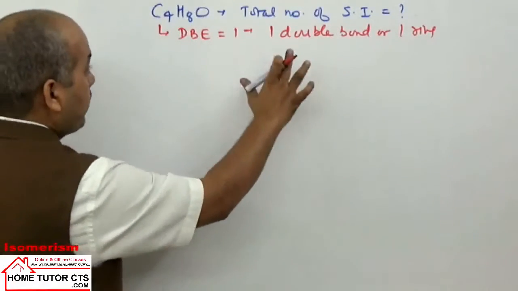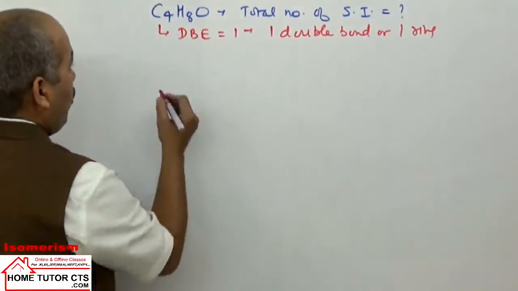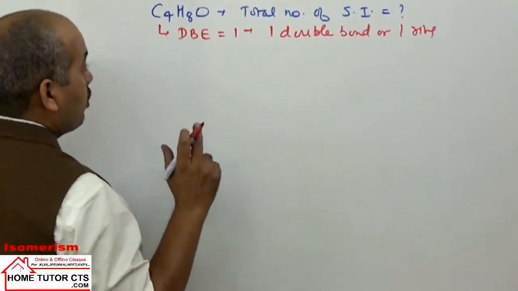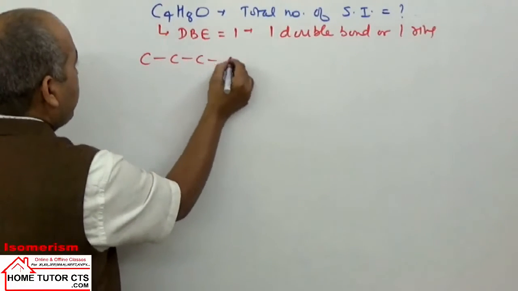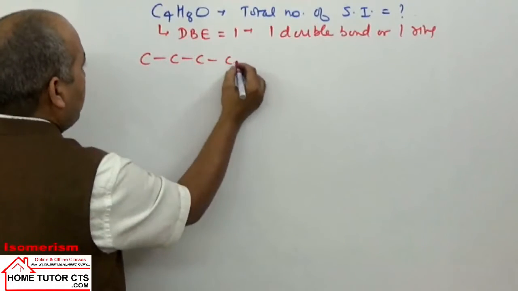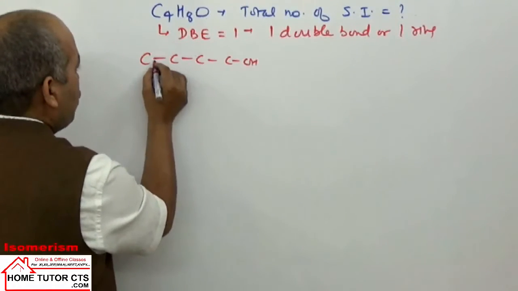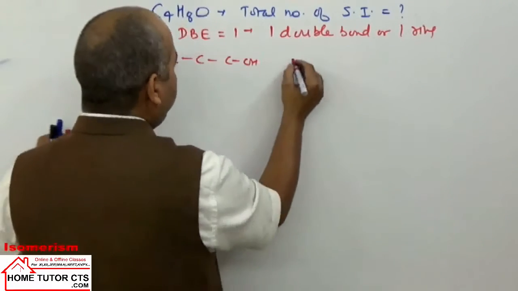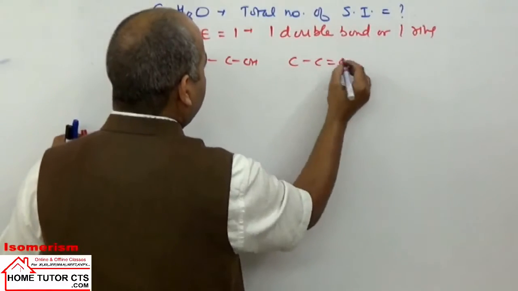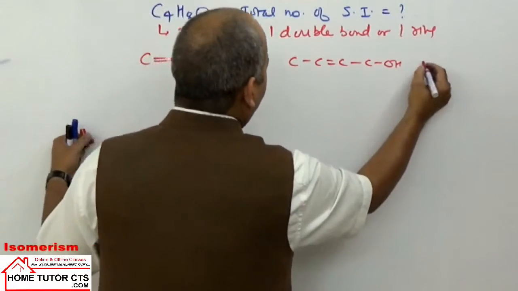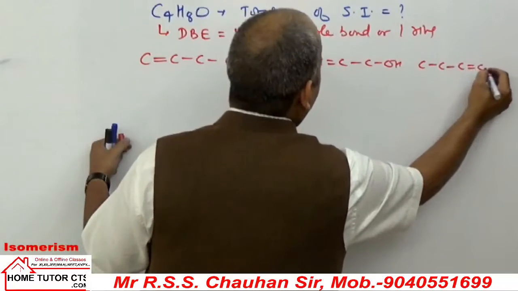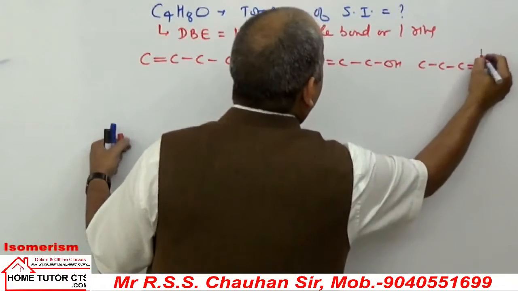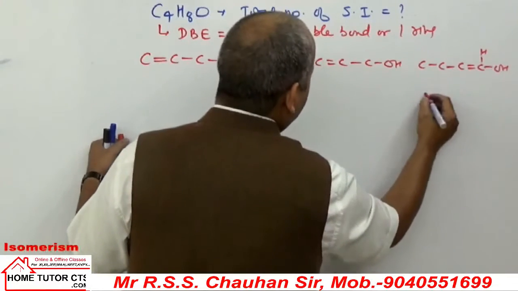First we take open chain compound having one double bond. We can have how many isomers with one double bond? You will see structure wise. First we take straight carbon chain. Alkene we can have OH group. We can have position of double bond here, or here, or we can take position of double bond in next position. But this is the enol structure of this aldehyde.